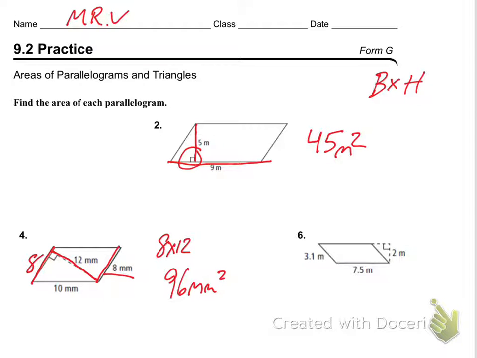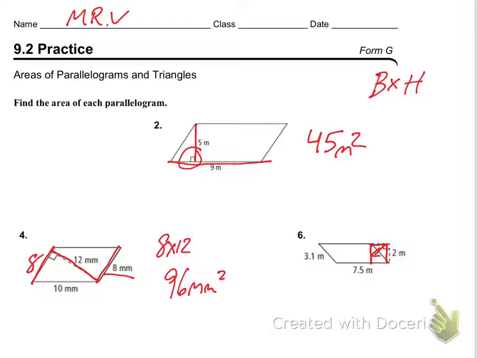Then we go over here to number 6. Now, number 6 is a little bit tricky, but think about it, if you can do it like this, you can then also do it like inversing it, I guess you could say, so like that.